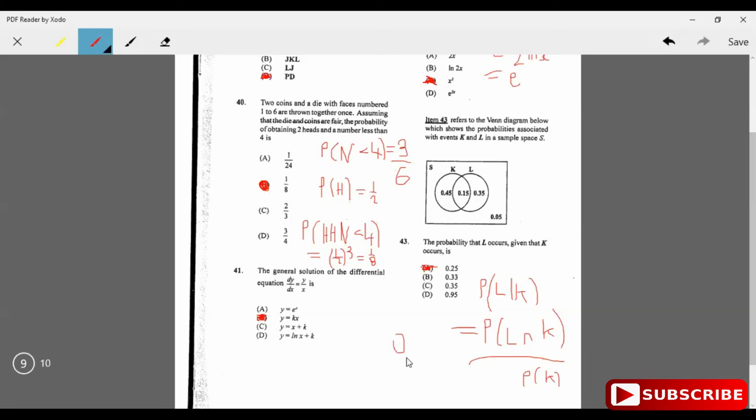And what's the probability of K? Remember, K is all of this, which is 0.6. So that's a quarter.